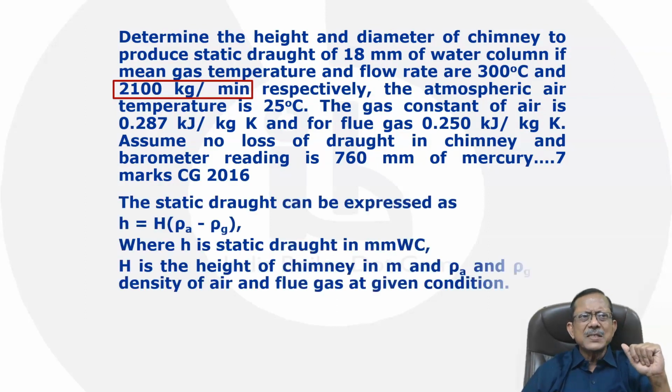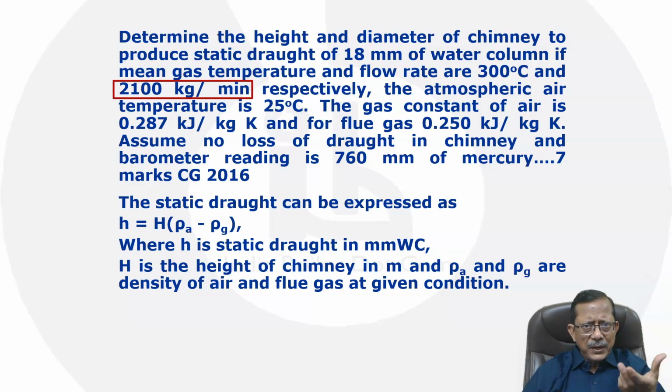So from the draft concept, the height can be calculated from this equation. The draft in millimeter of water column, small h, is equal to height of the chimney in meter, capital H, into rho A minus rho G. Rho A is the density of air at the respective condition, pressure and temperature, and rho G is the density of flue gas through the chimney, again at their respective pressure and temperature.